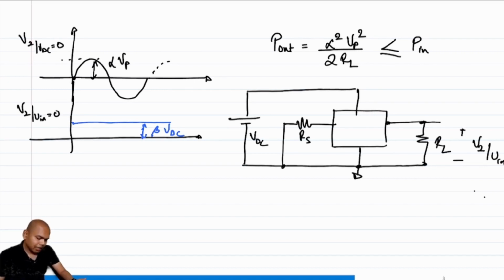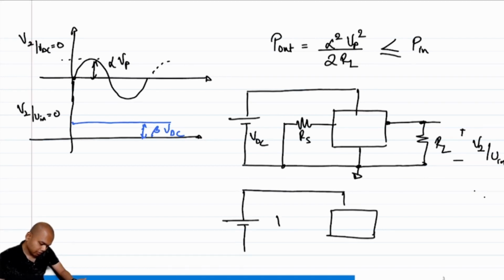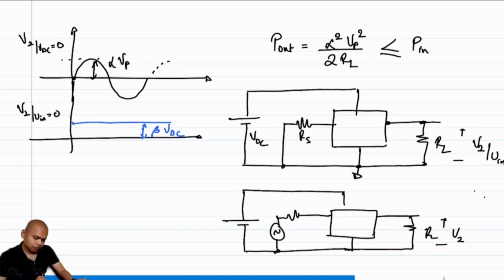So what is superposition telling us? Superposition is telling us that if I put back both the sources and observe this voltage V2, V2 will be the summation of the voltages of the previous two cases, where we observed the output individually while desensitizing the other source.